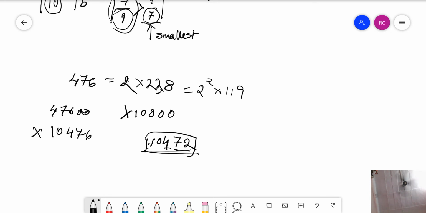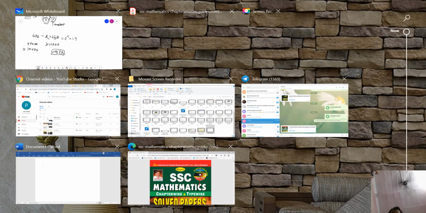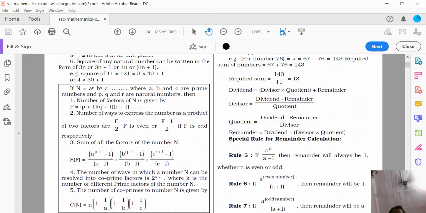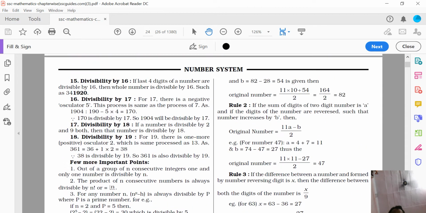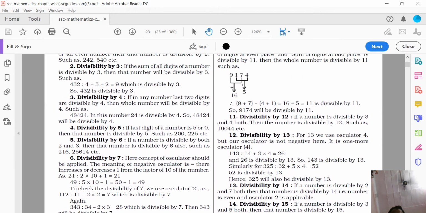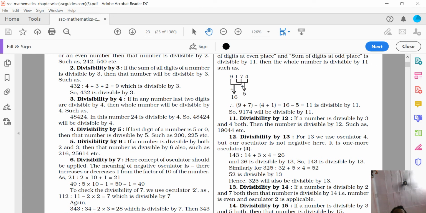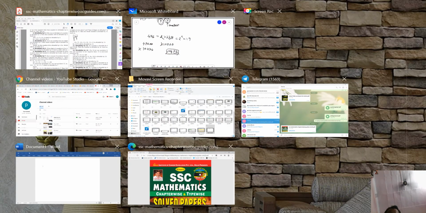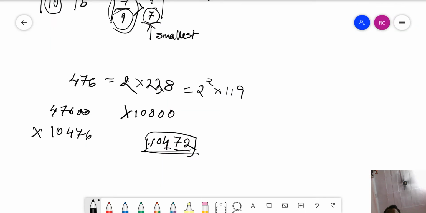So what is the divisibility of 4? If the last 2 digits are divisible by 4, right? So 72 divisible by 4. What does it mean?